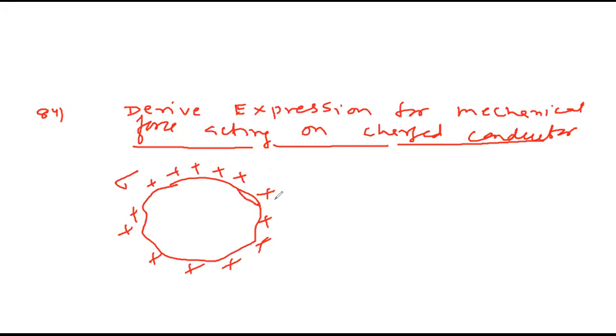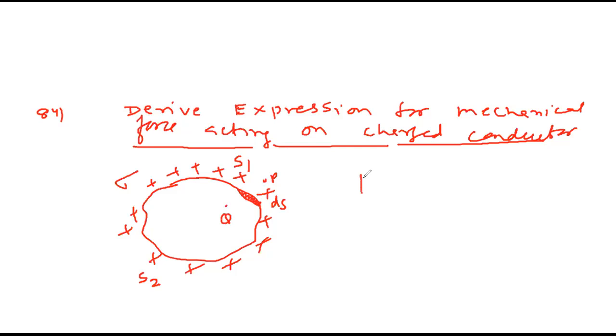Let ds be the elemental area of the charged conductor S1, and S2 be the remaining portion of the conductor. So can I consider this conductor to be made up of two parts, S1 and S2? Yes, sir. Let P and Q be two points near the conductor, outside and inside respectively.